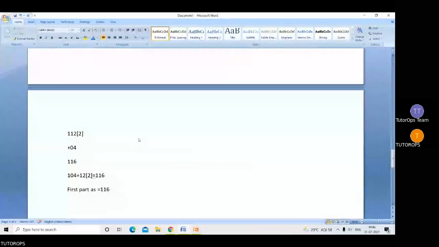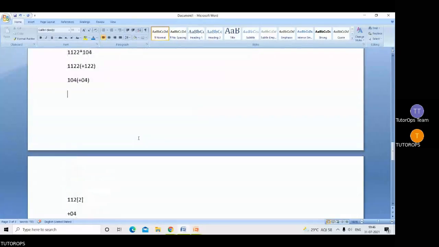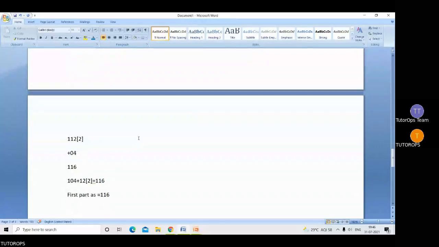The last part will contain the vertical multiplication, or similarly the multiplication of the surpluses. So what was the surplus of the first number? That was 122, and the surplus of the latter number is 04. So the last part obtained will be 122 cross 04.